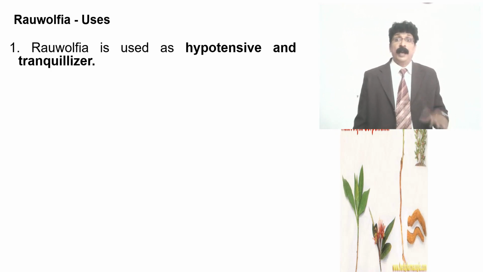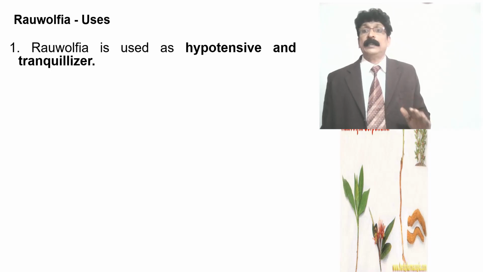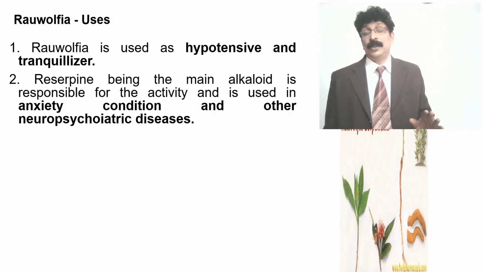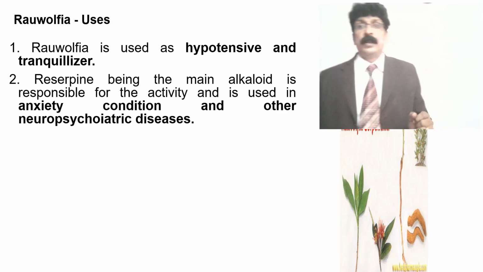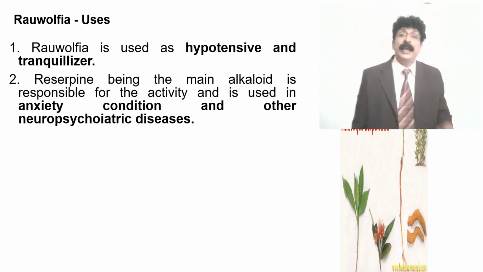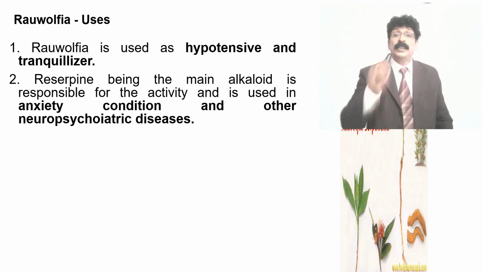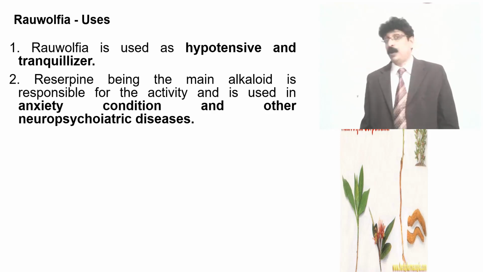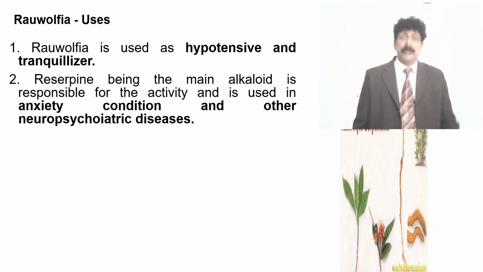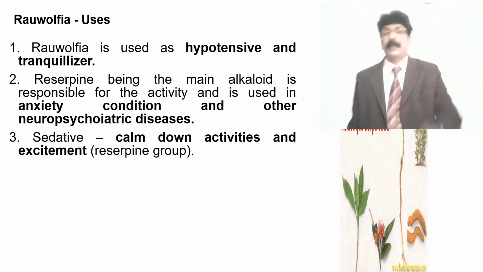And it is a tranquilizer, it can reduce anxiety, and it has psychotropic activity also. Reserpine, being the main alkaloid responsible for activity, is used in anxiety conditions and other neuropsychotic or psychotropic diseases.